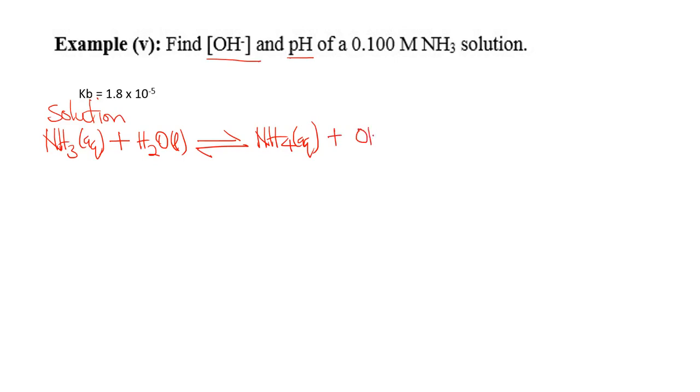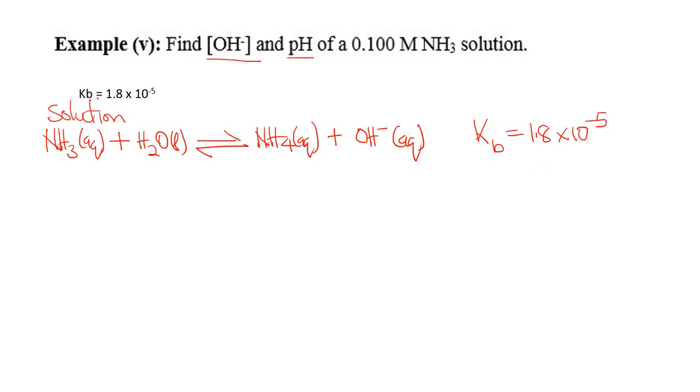And then what remains is a hydroxide ion. And we are given the Kb is 1.8 times 10 to the power negative 5.